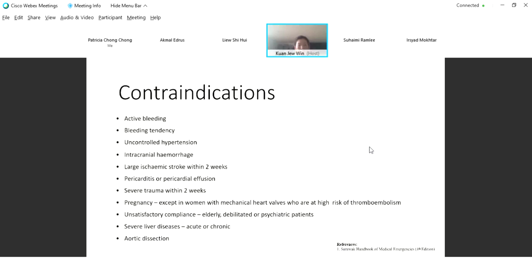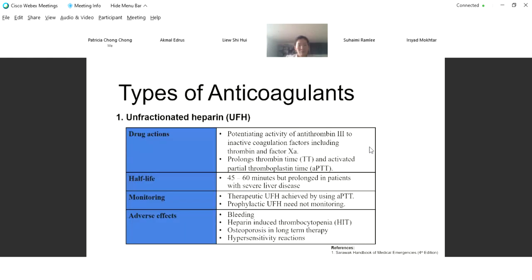Also, warfarin is contraindicated in early pregnancy and towards the time of delivery. Others are patients with unsatisfactory compliance, such as the elderly, debilitated, or psychiatric patients, patients with severe liver disease, or aortic dissection.